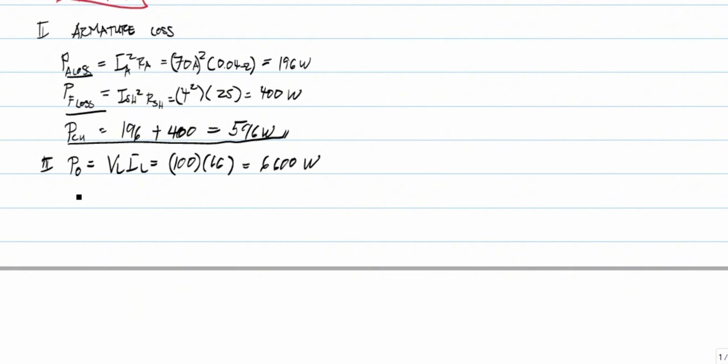With the given efficiency, P input is equal to P output over efficiency, while P input is equal to P output plus total losses.